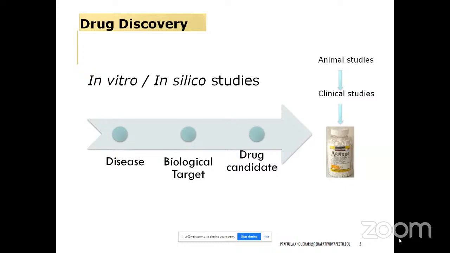For example, bedaquiline, an anti-tubercular drug, which was discovered after 15 years of the previously discovered anti-tubercular agent. So with this in silico process, the drug discovery time can be minimized, and the toxicities associated with the developed drug, or with the developing drug, can be minimized with the help of chemoinformatics.